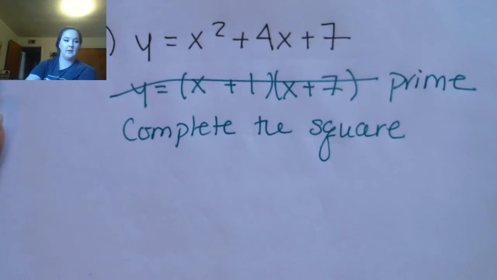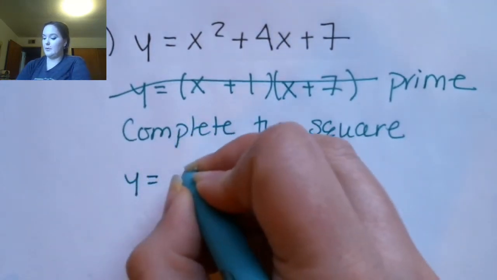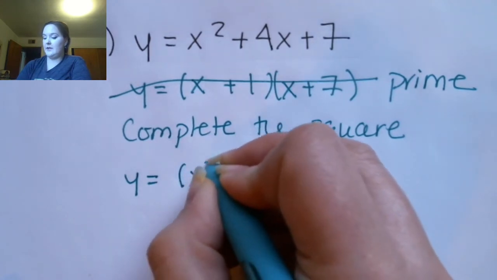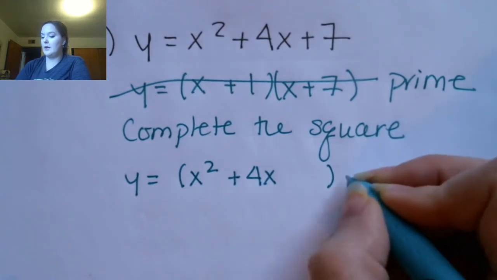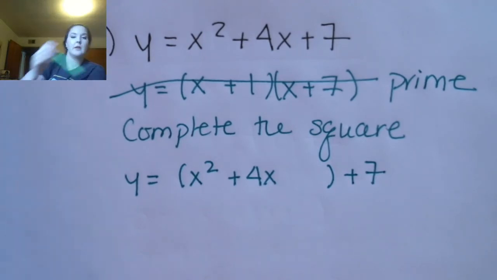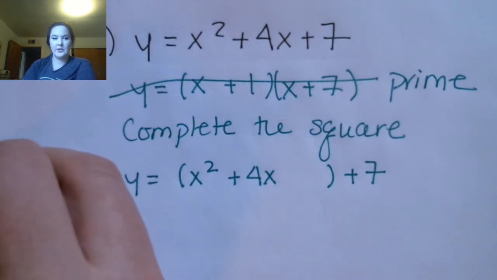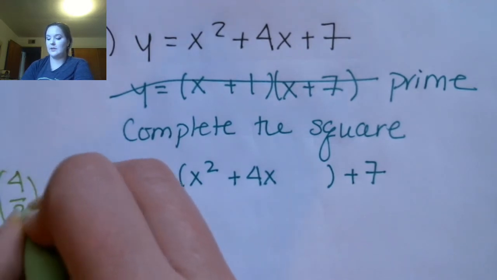I'm going to start by grouping my first two terms together, and if there was a leading coefficient, I would want to factor that out now. Now I'm going to find out what number needs to go in here. I take the coefficient of x, which is 4, divide it by 2, and square it.